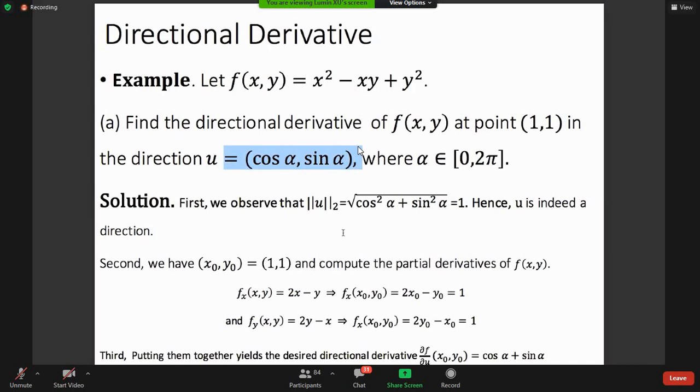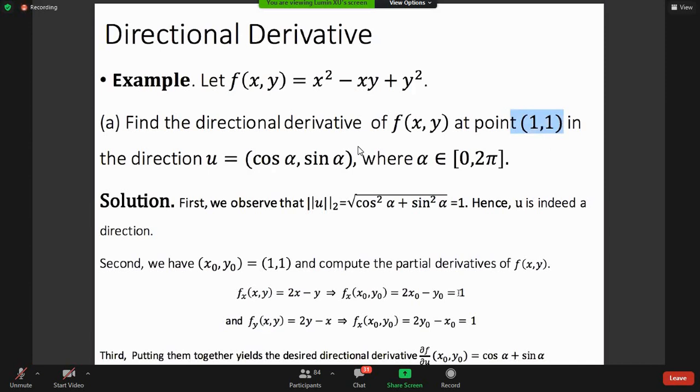Then according to the definition of directional derivative, we should calculate partial f, partial x, and partial f, partial y, and the particular point should be 1, 1, right?